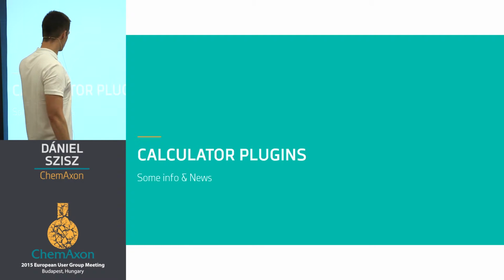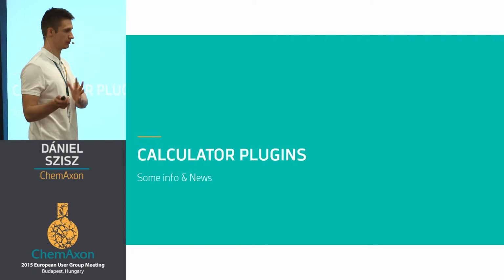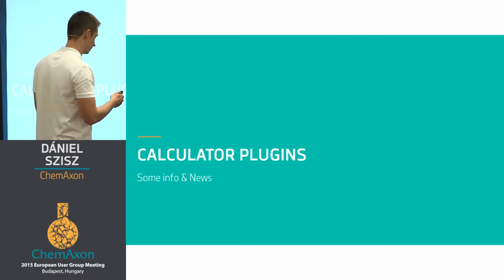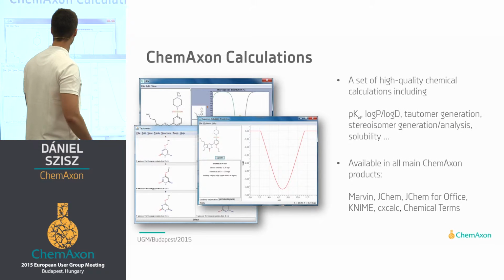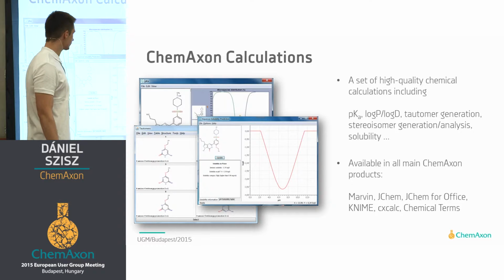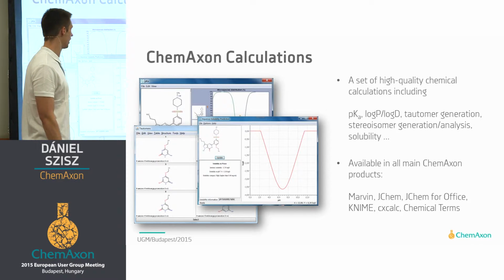Now I would like to talk about what happened with the calculator plugins. These are the other huge group of tools of the group. For those who might need some information, ChemAxon calculations are a set of high-quality chemical tools.